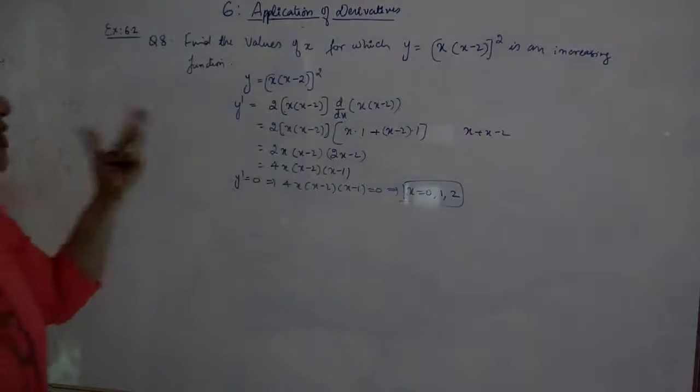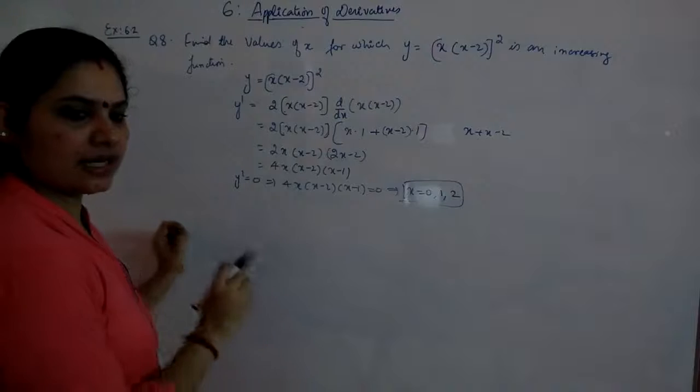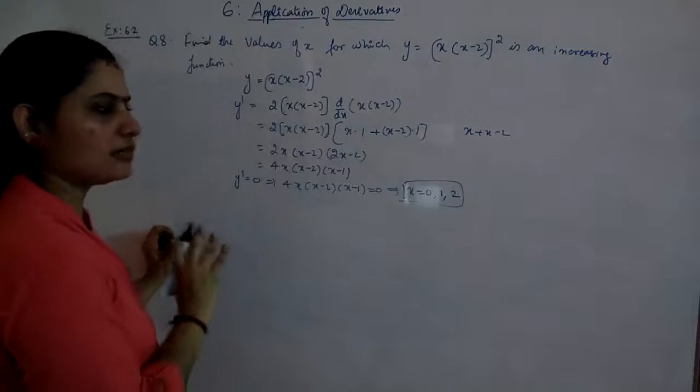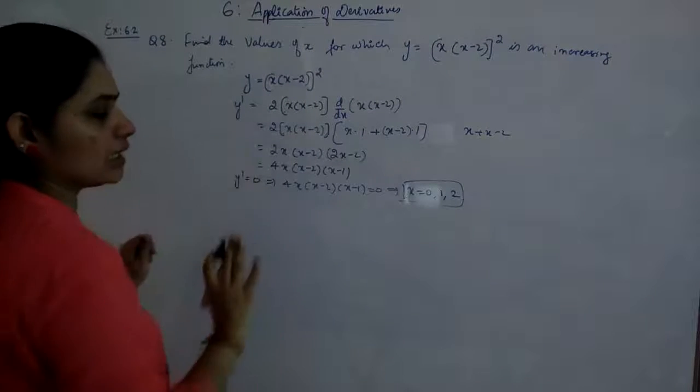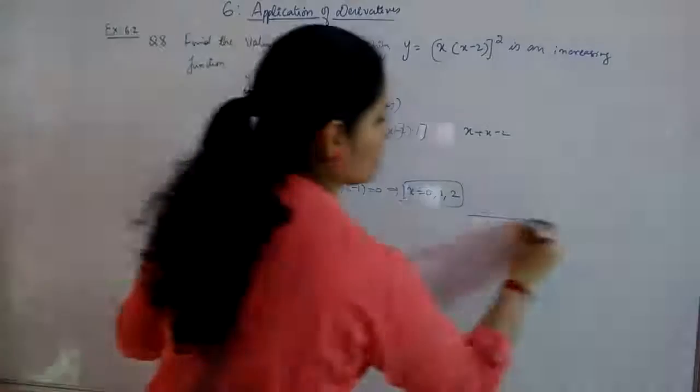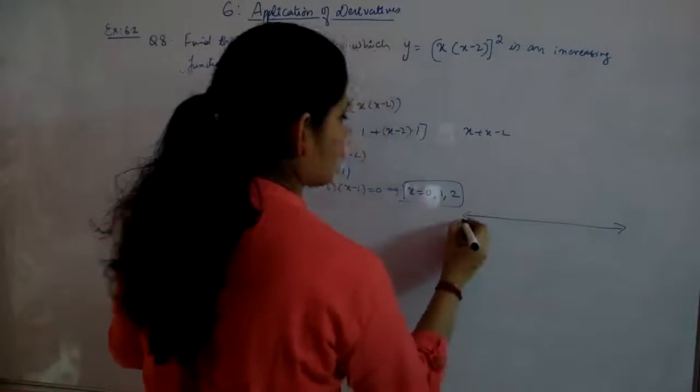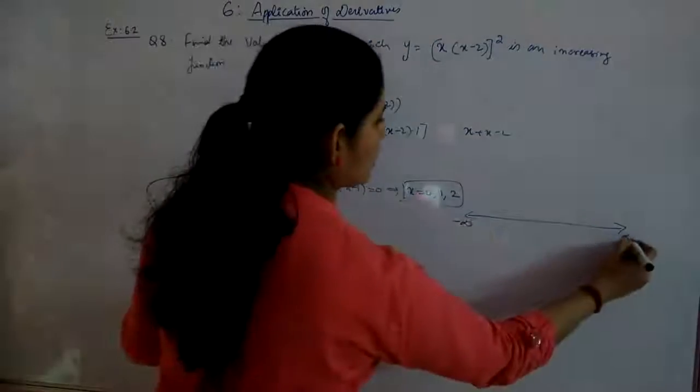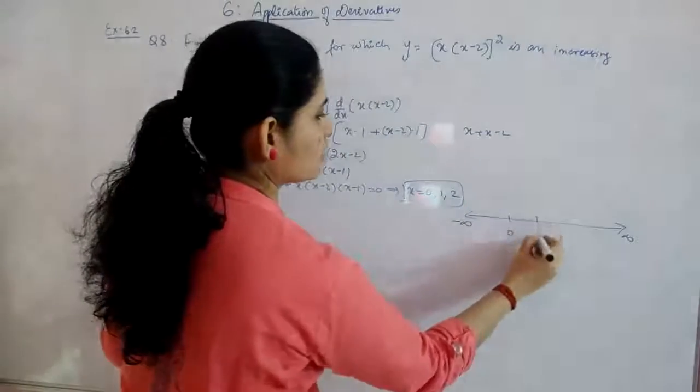So in which interval all the values of x will be increasing, giving you the function to be increasing or decreasing. So again we are breaking this into how many intervals? You will get 4 intervals because you have 3 points, 0, 1, 2.